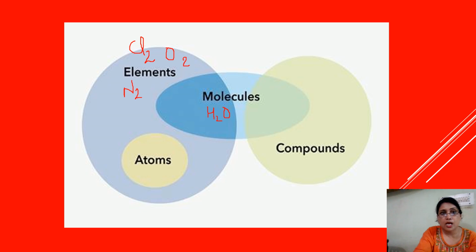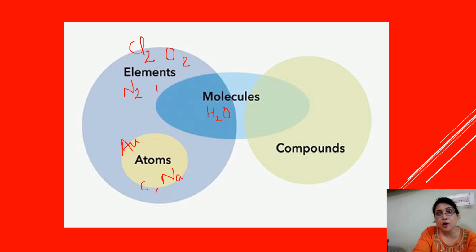Okay? Means elements can be molecules, and elements can be atoms. Like atoms, for example, Au, gold, atoms of carbon, atoms of sodium, right?